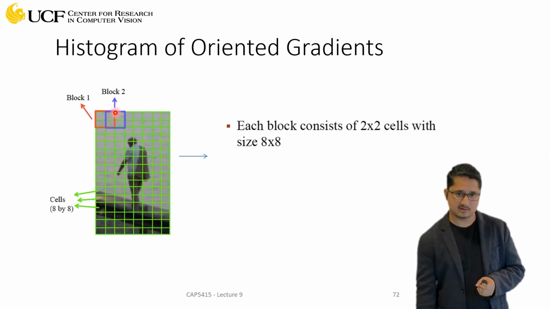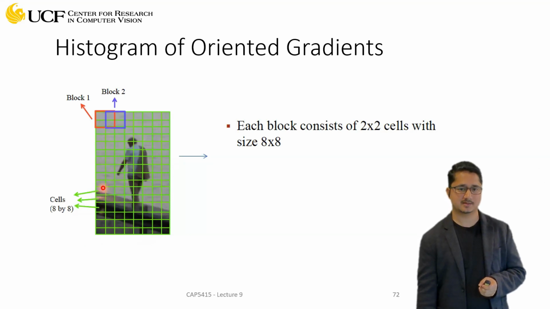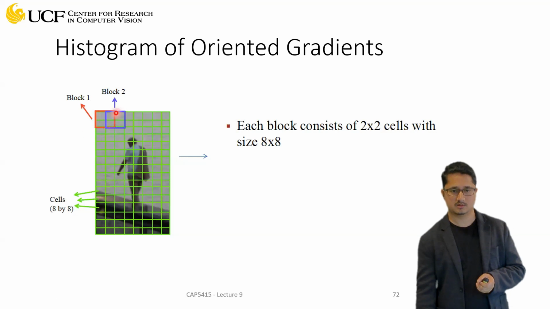So given the input image, you know what the final cell size will be inside your blocks. So you just create these grids, and these are your blocks. That is the first block, and blue is the second block, and you can see how many pixels you will have in each block.